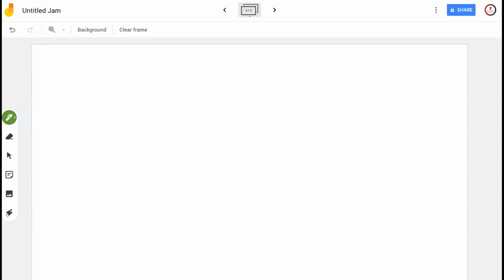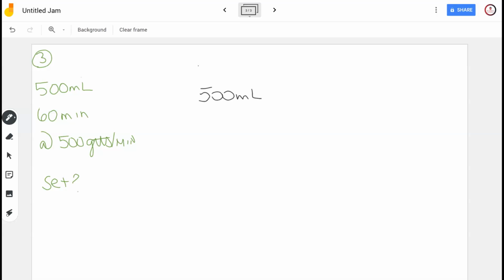Alright. If you administered, this is number 3, if you administered 500 milliliters of saline over 1 hour, 60 minutes, at a rate of 500 drops a minute, what is your administration set? So again, your volume over time, you have administered 500 milliliters in 60 minutes.